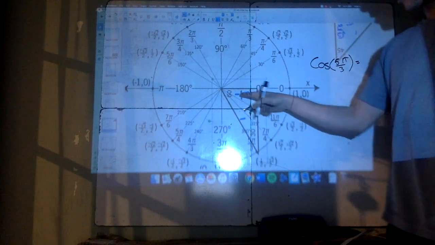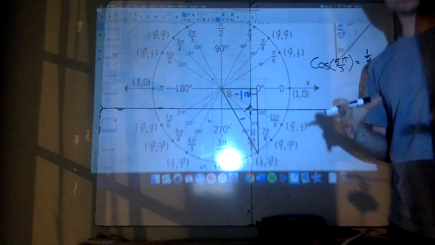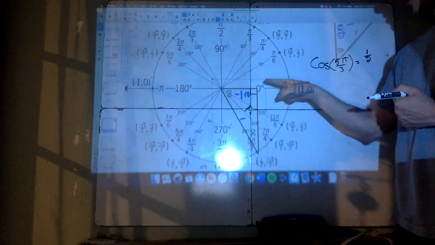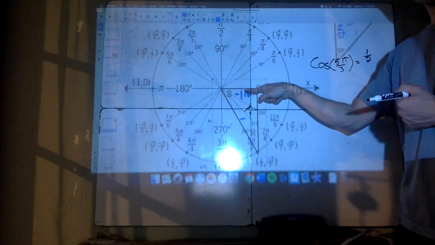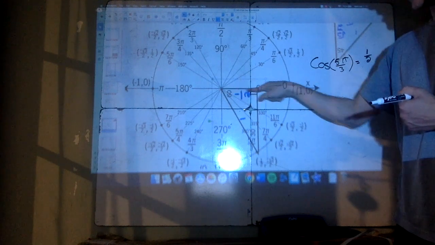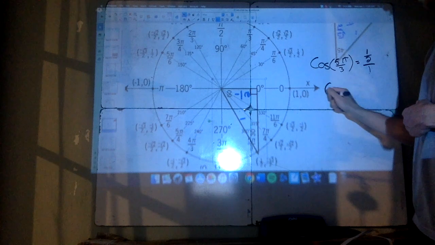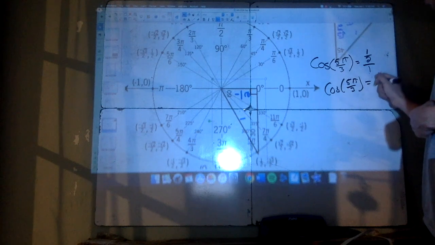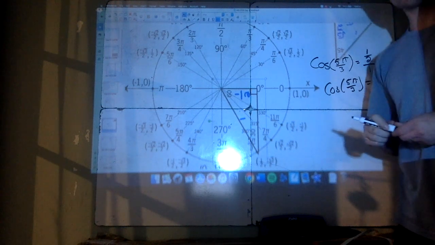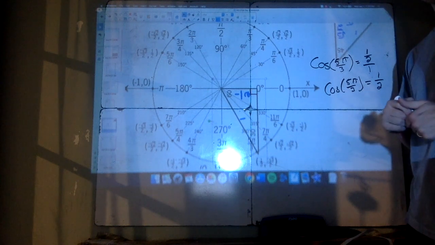Our adjacent side here is 1/2. Is it positive or negative? It's positive because we're moving to the right on our number line. So it's a positive 1/2 divided by 1, which gets us a cosine of 1/2. That's how we're using this unit circle with cosine and sine.